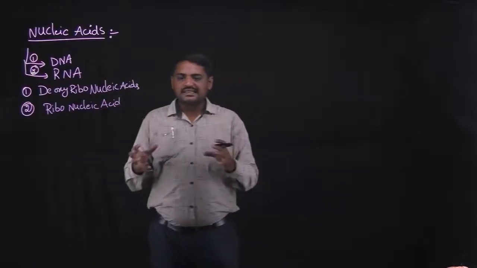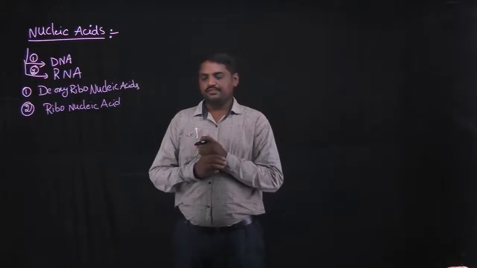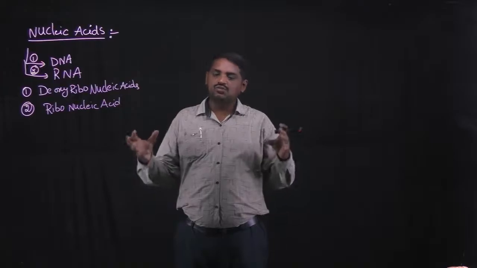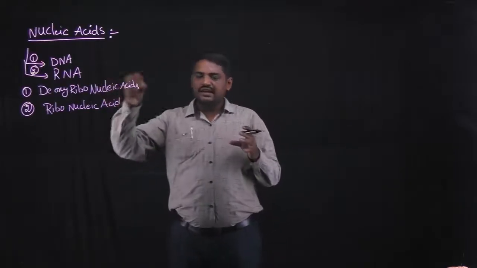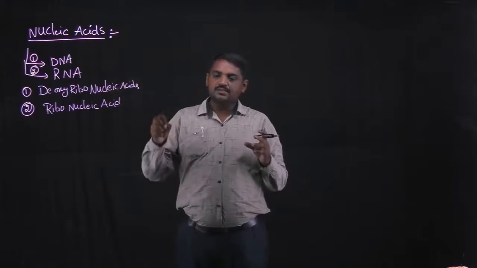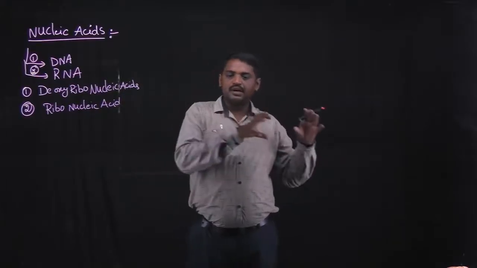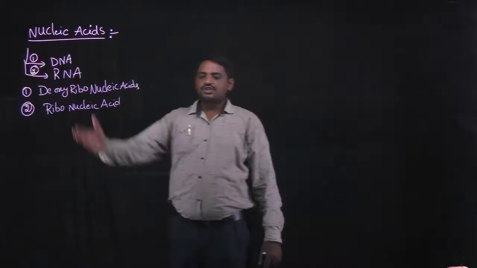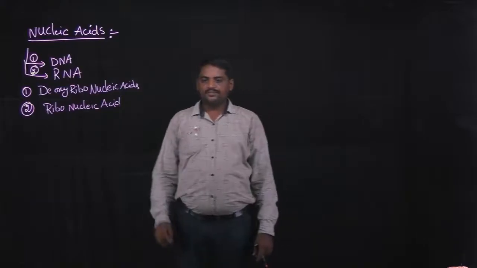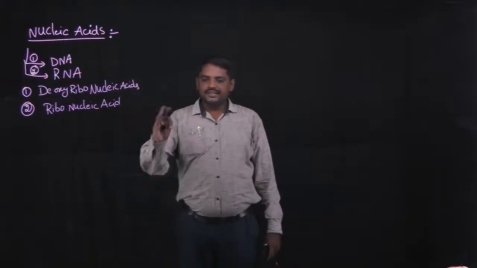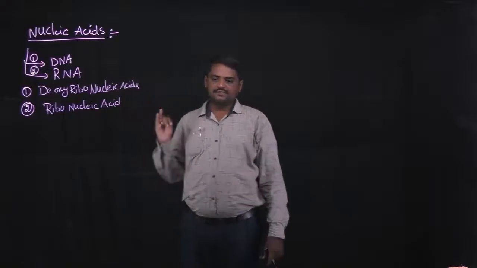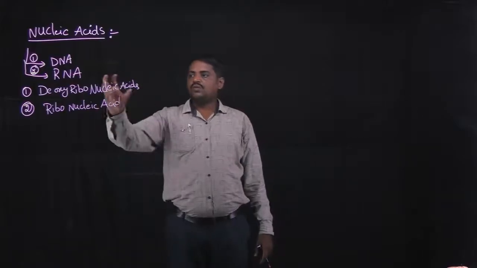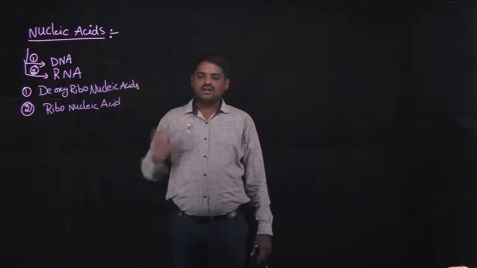These bases contain nitrogen atoms, and these bases are subdivided into two categories. These nucleic acids contain bases, sugars and phosphates. Okay, so these are the main ingredients of nucleic acids like DNA and RNA.